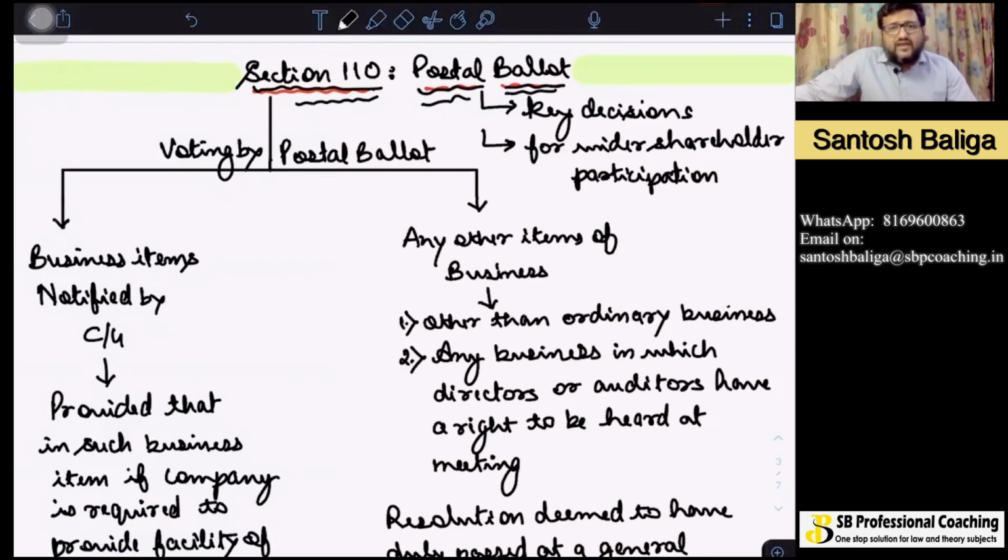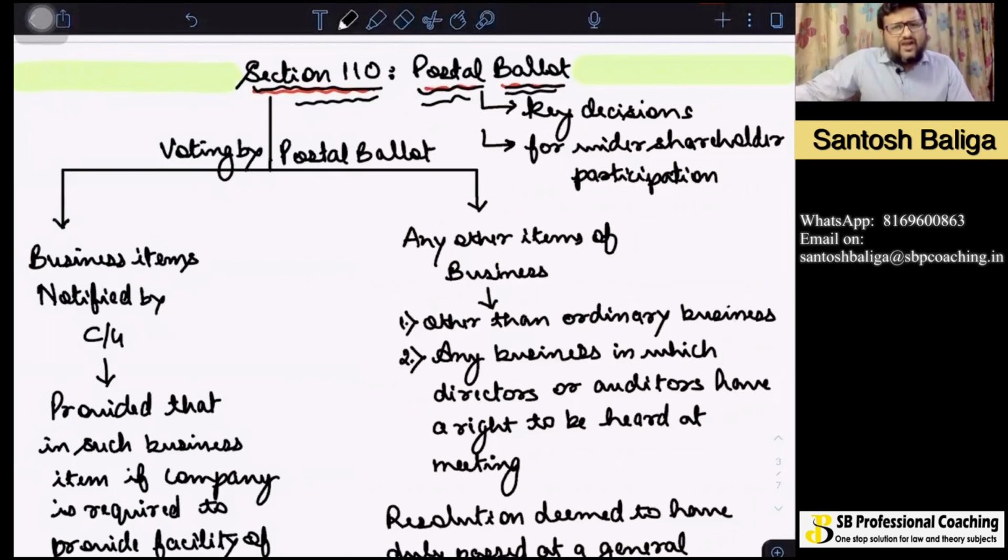So normally in companies you will find that the participation of shareholders is low in the annual general meeting. We have to understand that the annual general meeting is a meeting of shareholders. So their participation is extremely important, as whatever proposals are laid down by the board of directors will get approved by the shareholders in the annual general meeting.